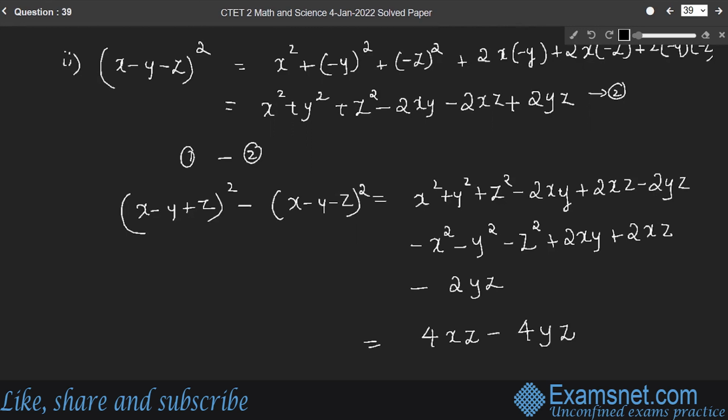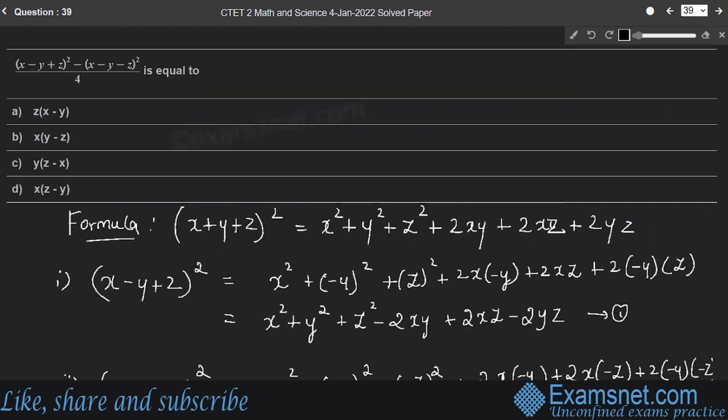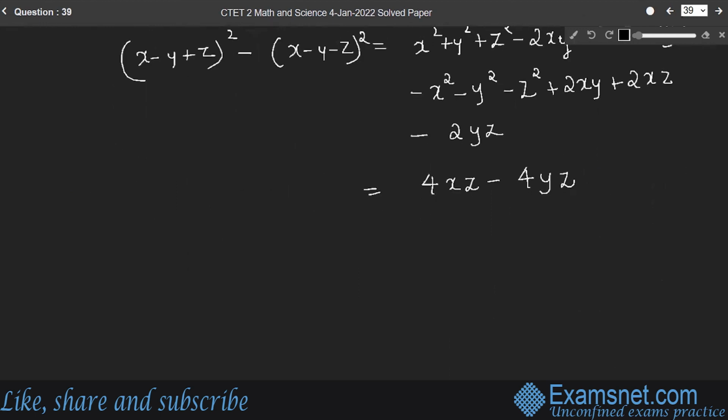So the question is, which is divided by 4. So when it is divided by 4, simply 1 minus 2 divided by 4 gives 4xz minus 4yz divided by 4.